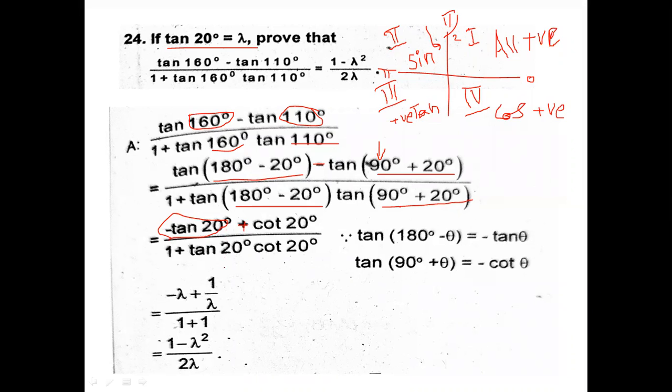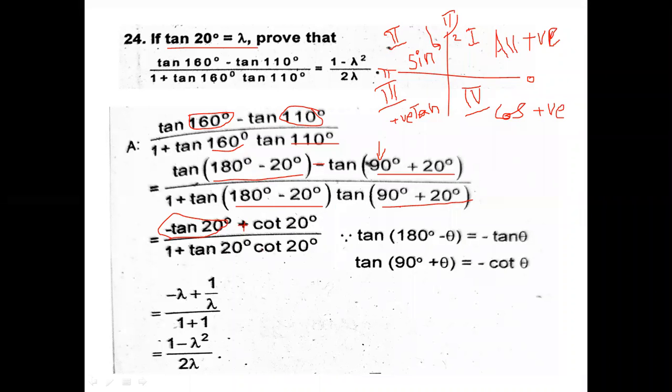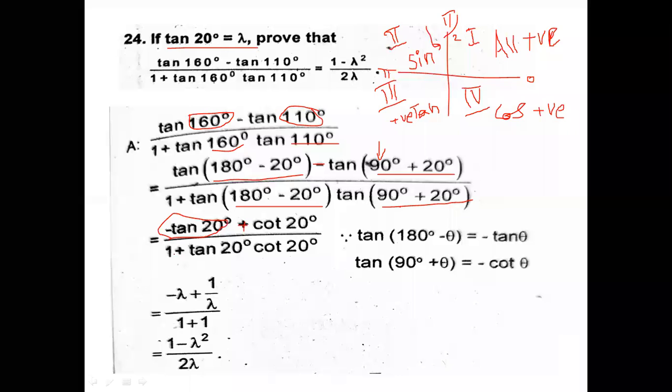Next, tan (180 minus 20) will be minus tan 20, and tan (90 plus 20) will be minus cot 20. Minus minus cancel, and you will get plus tan 20 into cot 20. Is that clear? We are using these two formulas.